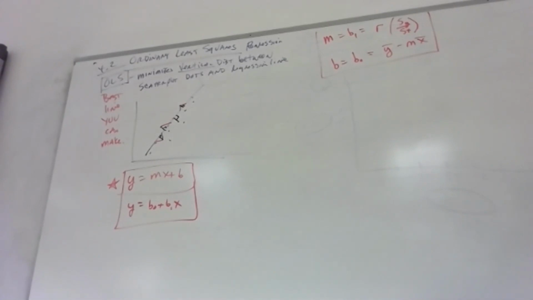So it's going to be y equals, no, m, what's m? 3.1661 times x plus the b. What's the b? Negative 55.7966. Okay?